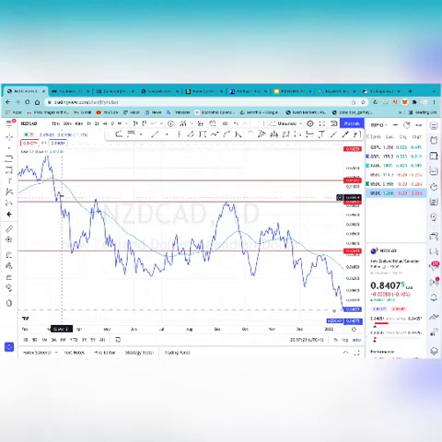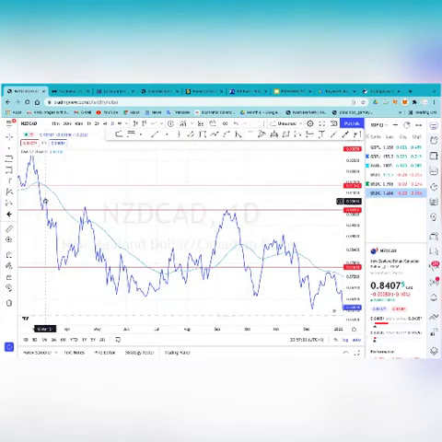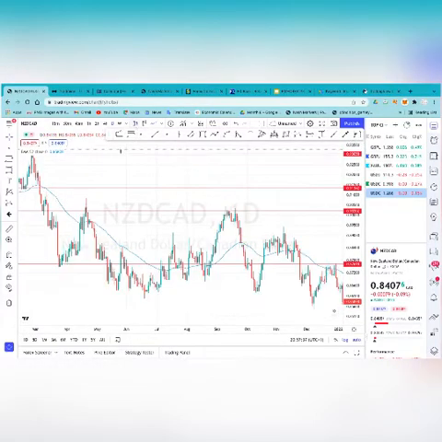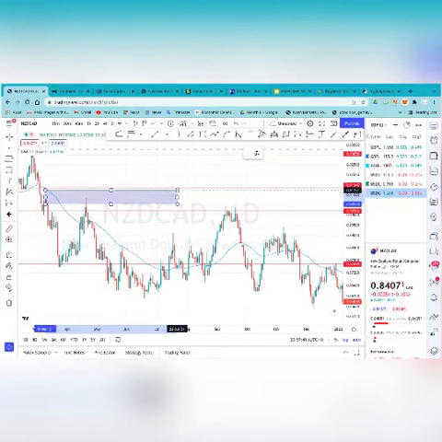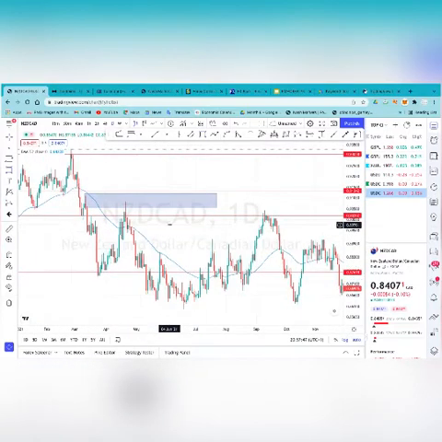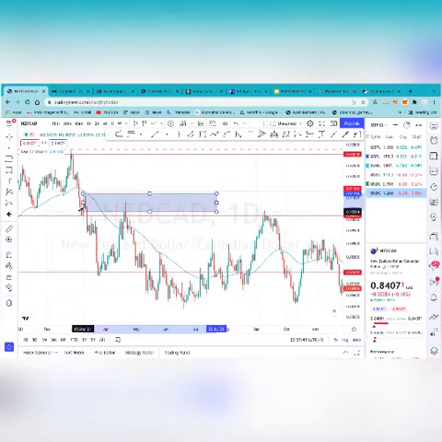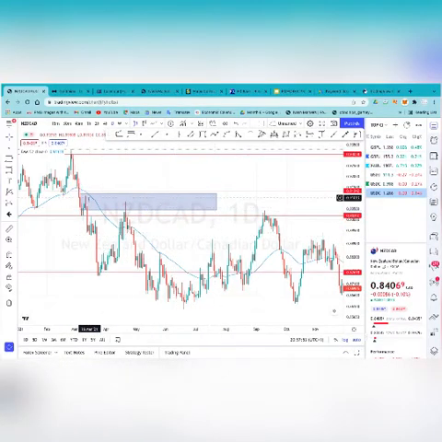Now this market may likely react to the demand and supply level at this area here. So let's see if we have anything here. So we have a demand, a supply zone around here. You can see, despite the fact that the market is reacting to support and resistance, there is a demand and supply zone.